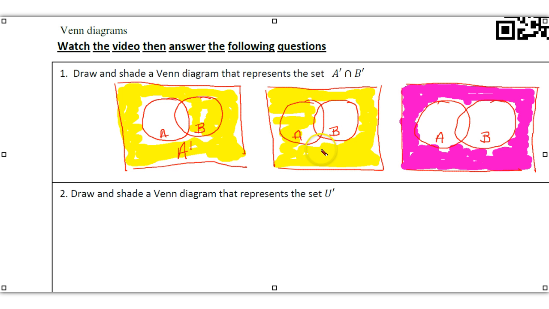Here the shaded area is B complement. And where do the shaded areas overlap? They only overlap outside of both A and B. So the intersection of A complement with B complement is this.